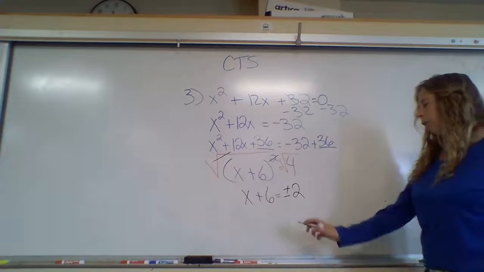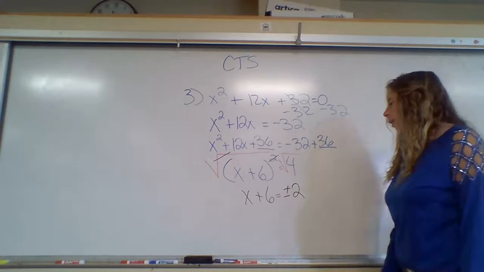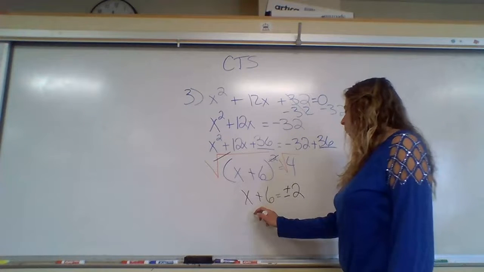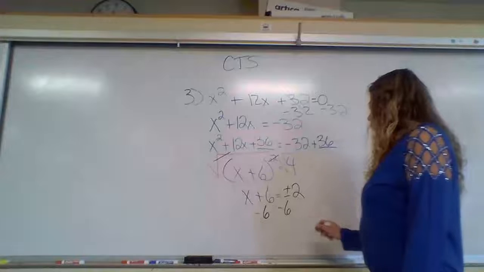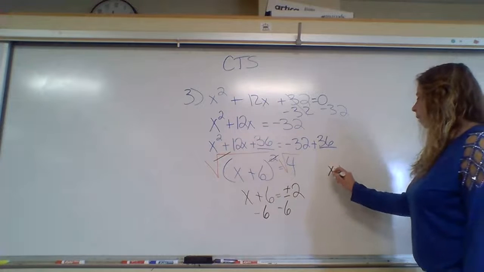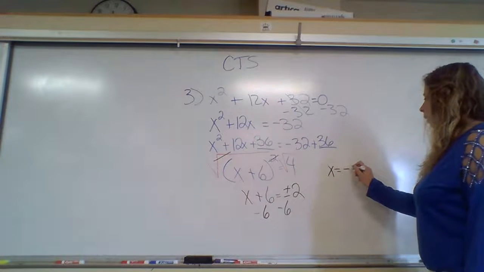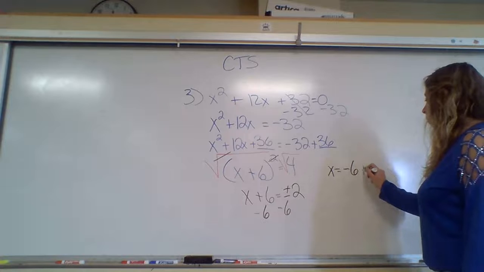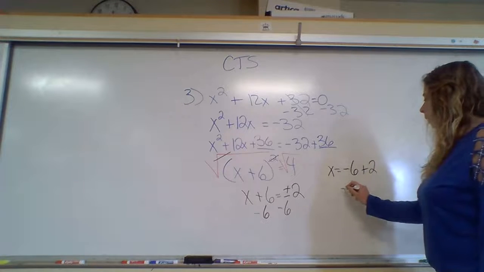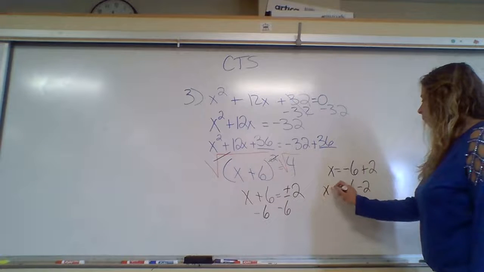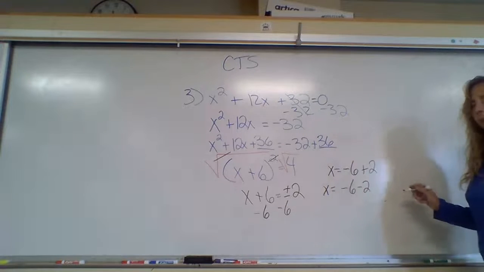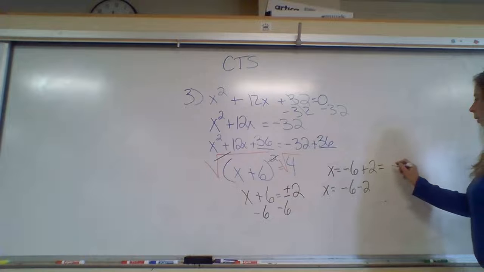And then you're solving for x, so you're still not quite done. Last step, I'm going to subtract 6 from both sides. So I get x equals negative 6 plus 2 and negative 6 minus 2. So you have your two answers.